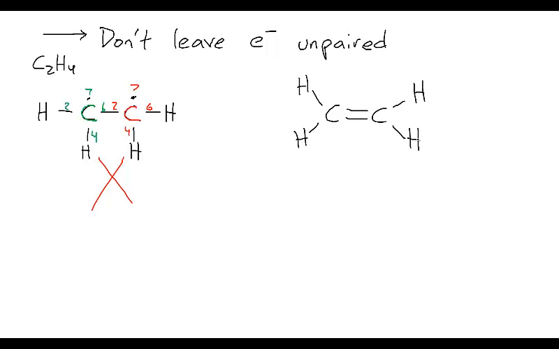So if you find yourself drawing unpaired electrons, it's a mistake. Not to say that that doesn't ever happen, but for all the reactions we study, unless anyone really wants to study radical reactions, we'll deal with pairs of electrons, never unpaired ones.